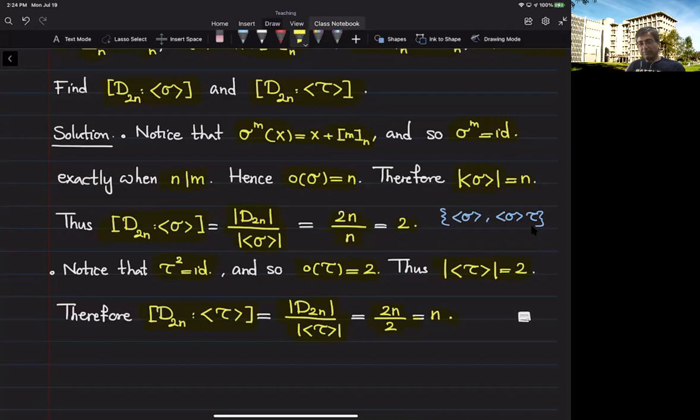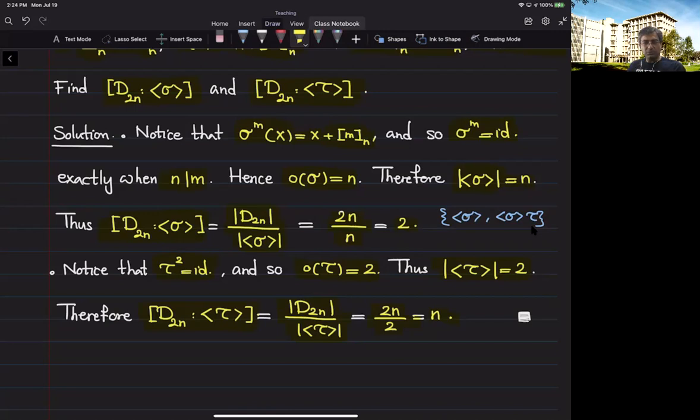Deduce that if G is a finite group, the cardinality or order of G is equal to the order of the subgroup times the number of H cosets. In particular, for a finite group G, the cardinality of every subgroup is a divisor of the cardinality of the group.